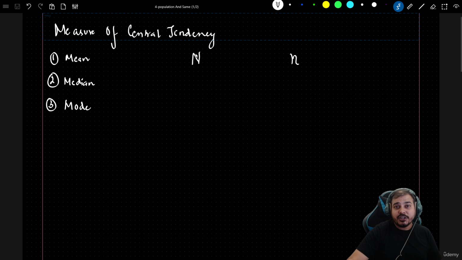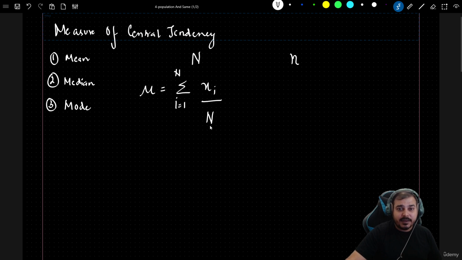In the case of population data, if I want to find the mean or average, it is usually given by the symbol mu, and the formula will be summation of i equal to 1 to capital N, x of i. Just consider that these are data points present in this particular population, divided by capital N. So N is nothing but your population size.